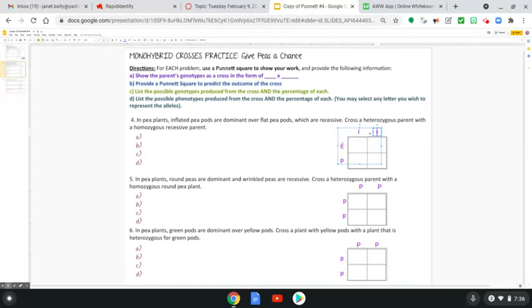Then homozygous recessive. I am assuming at this time you know that little letters are recessive.